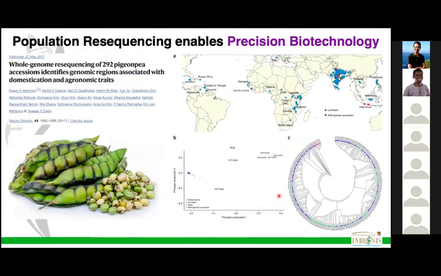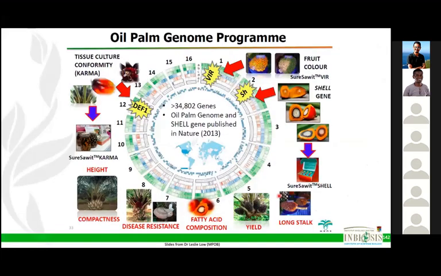And some of the recent genomics publications that allow this kind of precision breeding include pigeon pea, chickpea, and in Malaysia we have the oil palm genome, which is well studied on the different genes related to the traits.